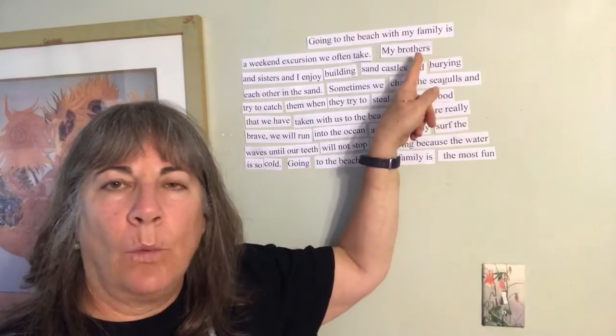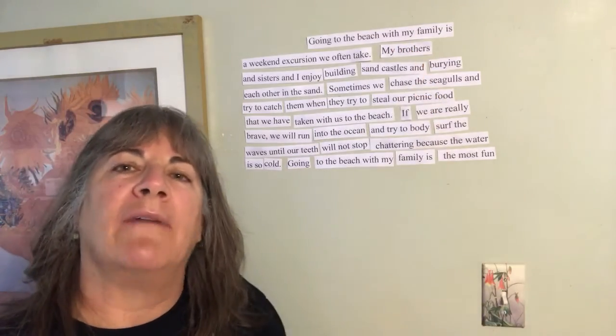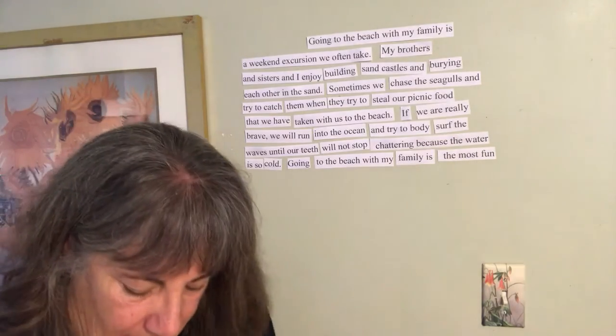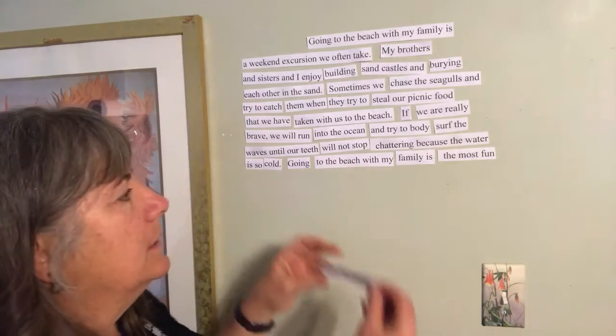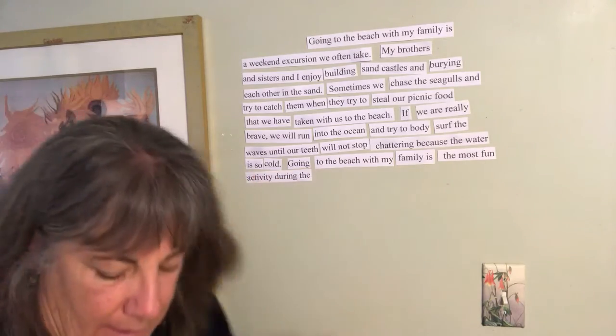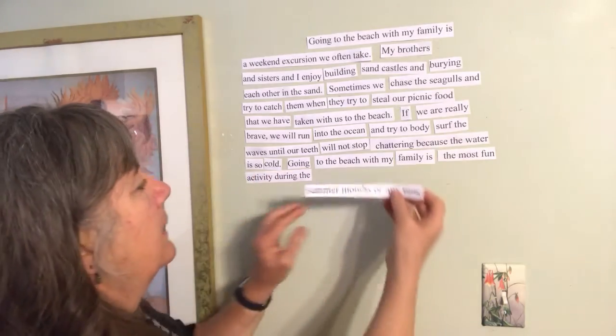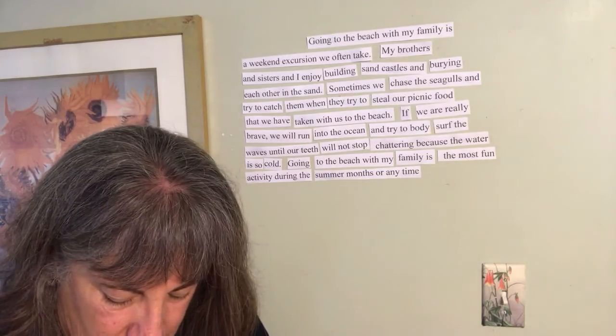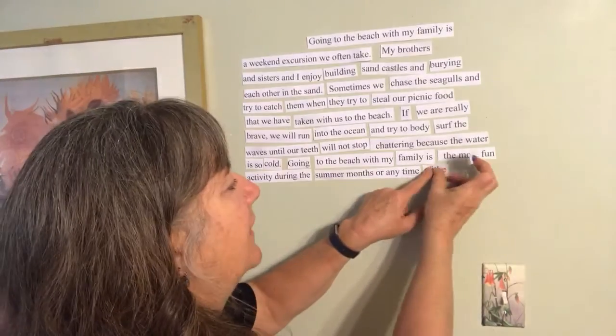You don't want to say it word for word, but you want to have the same idea to wrap it up. "Going to the beach with my family is the most fun activity during the summer months or any time of the year."